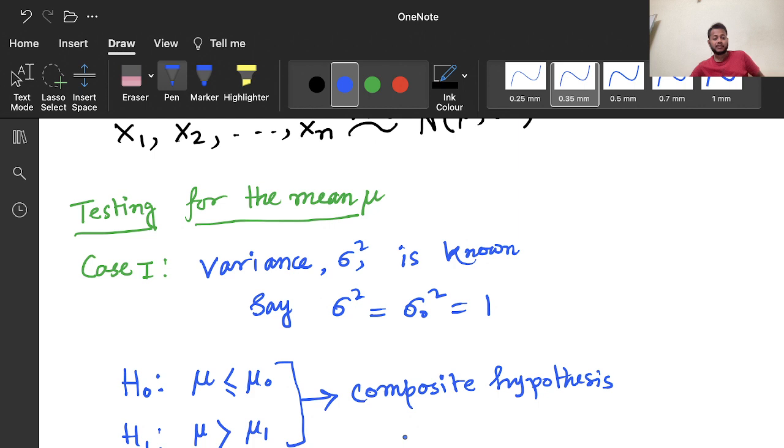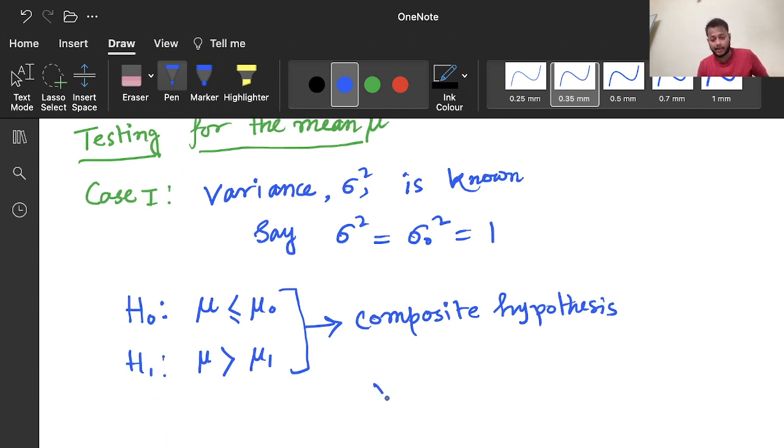Now for the test of size alpha, we have to check whether or not mu is lesser than mu 0. Since it deals with mu, we have to use the sample mean, right? We know that the sample mean minus, suppose, mu 0, and we will check whether mu is greater than mu 1. So let's see it pictorially.